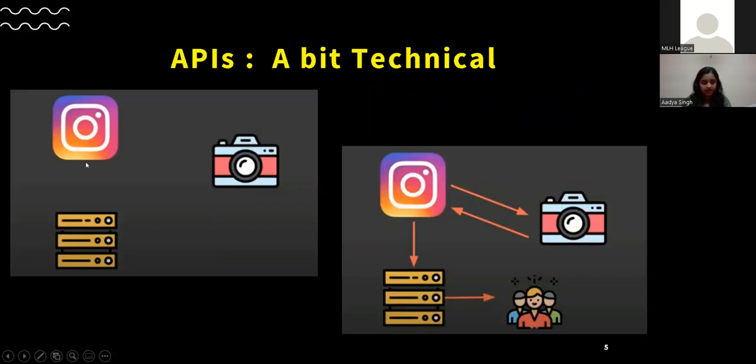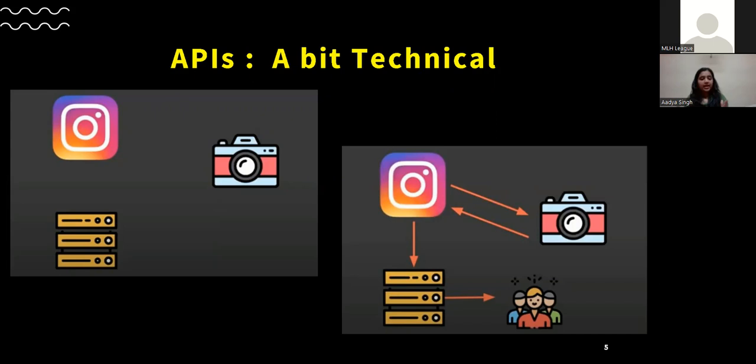So let's see this. Let's say you want to upload a picture or video on Instagram. You open this social networking app and go to the camera section, and from there the app uses an API to access your device camera.